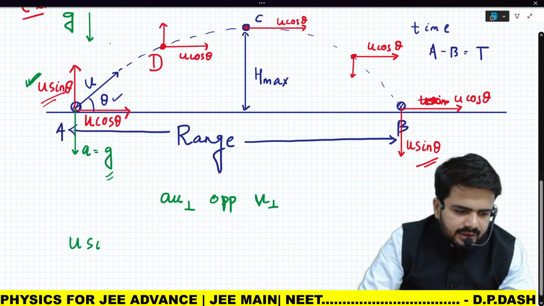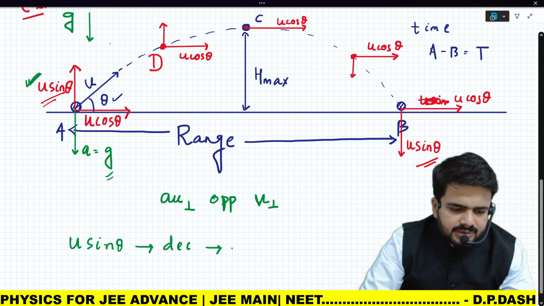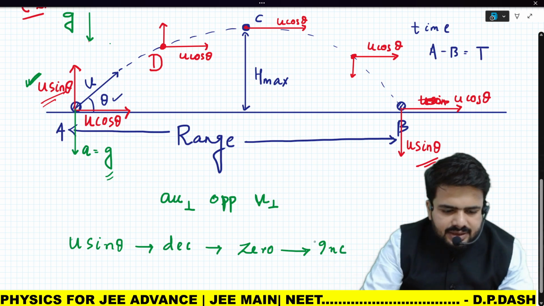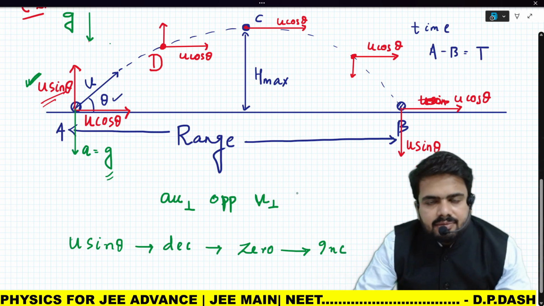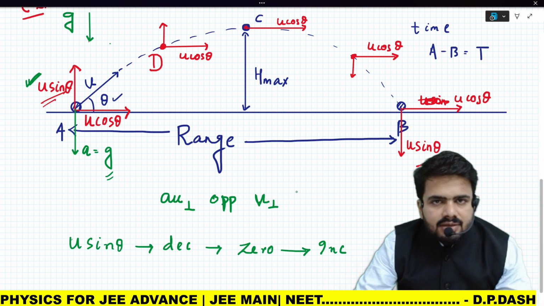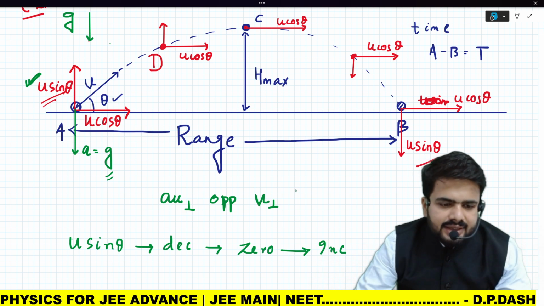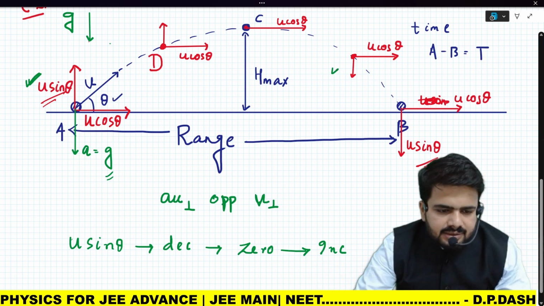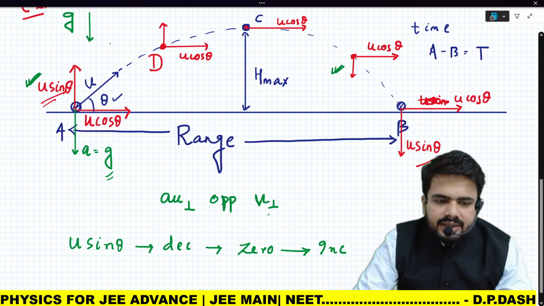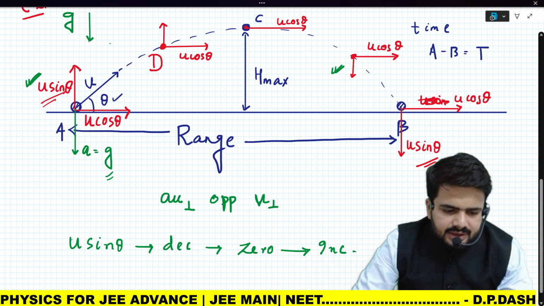Here I can write down that u sin theta will keep on decreasing and it becomes zero at maximum height. After that it starts increasing, because after maximum height the vertical velocity component changes its direction. So the vertical velocity component acts in downward direction, increases, and again becomes u sin theta at the end.